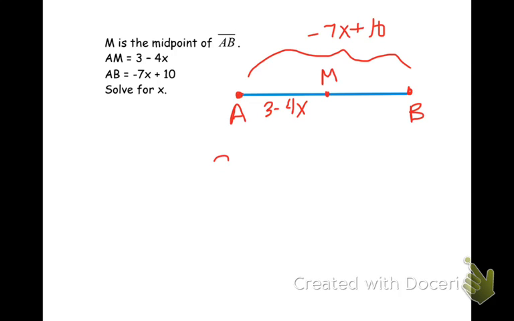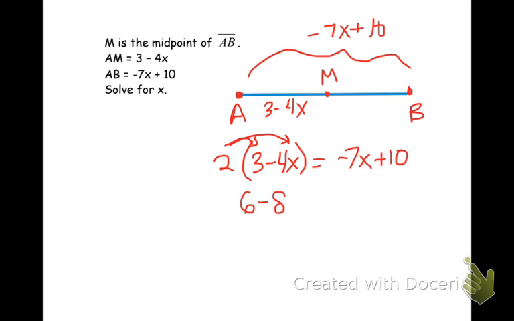So again, we'll double the distance from A to M, and that will get us the full distance from A to B, -7x plus 10. Distribute our 2, 6 minus 8x equals -7x plus 10. Add 8x to both sides, we get an x on the right. Subtract 10, and we get x to be -4.